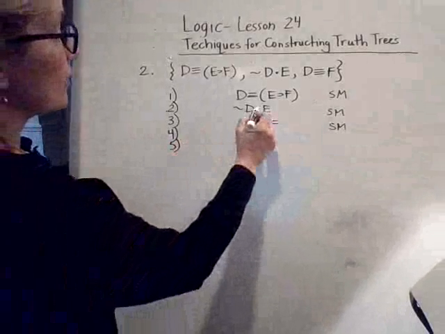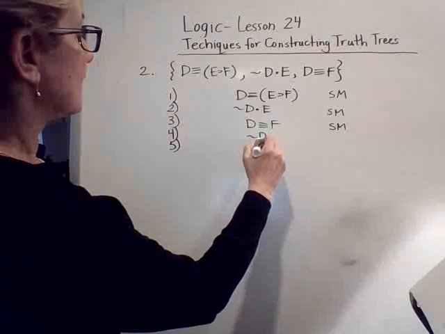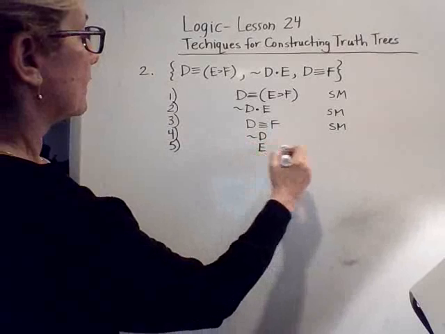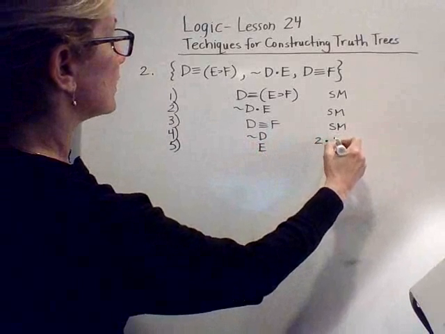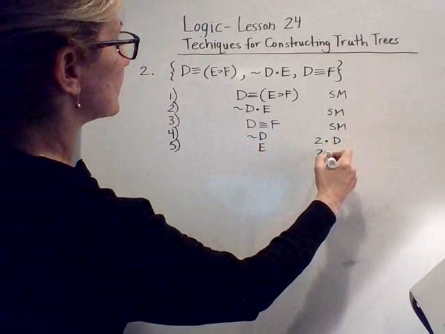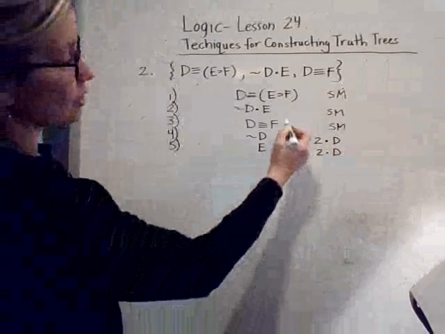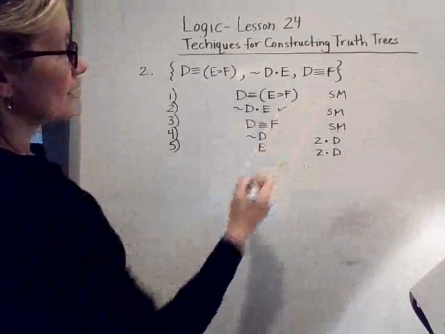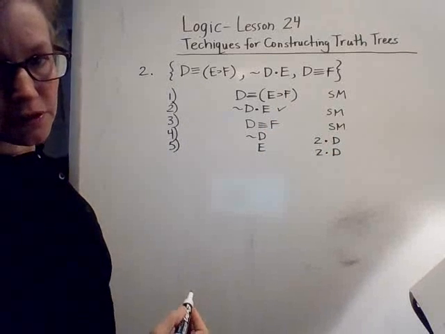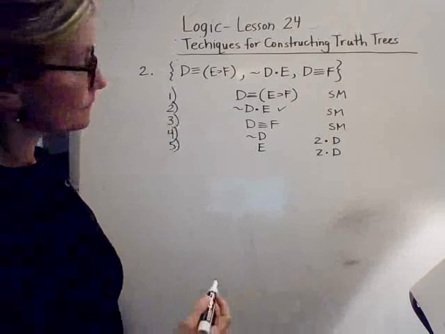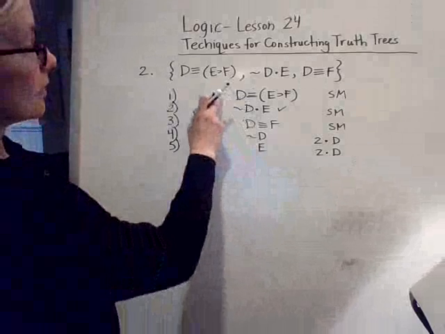A conjunction decomposes into just not D and E. That was line 2, conjunction decomposition, and it'd be the same for both lines. Now when we're finished decomposing a line, we want to put a check mark. Sometimes I forget to do that, but you put a check mark there so you know you're finished with that line.